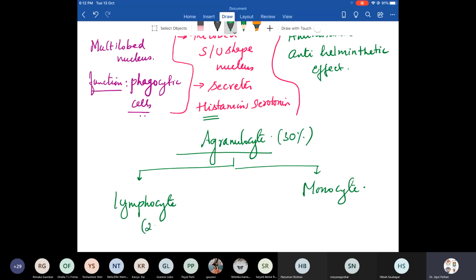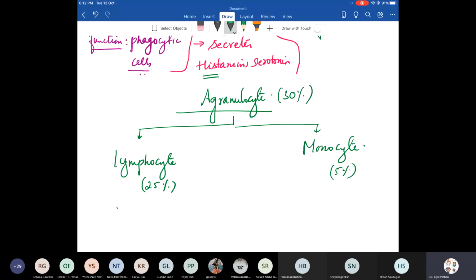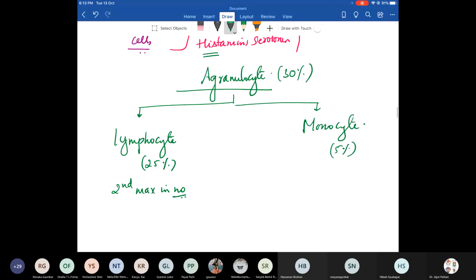Lymphocytes around 25% and monocytes around 5%. They are the second maximum in number. They form the third line of defense.